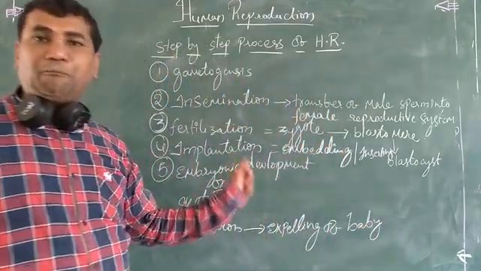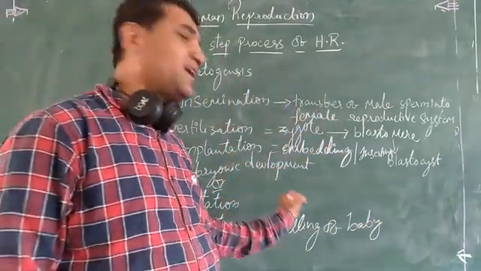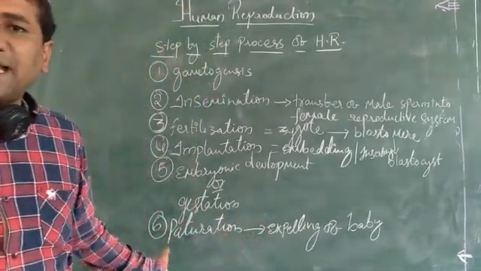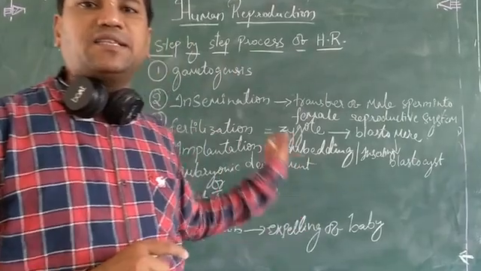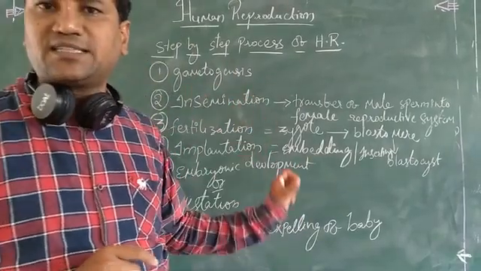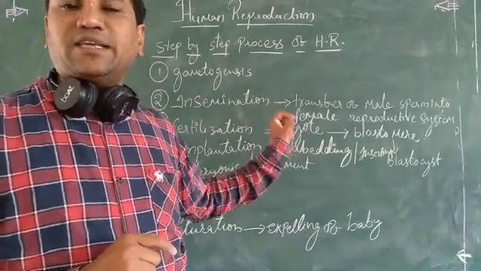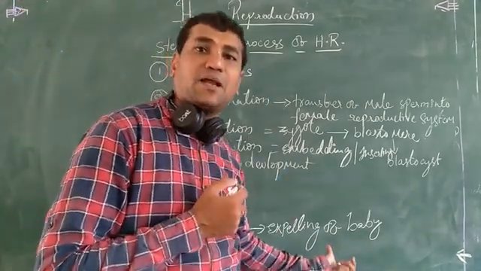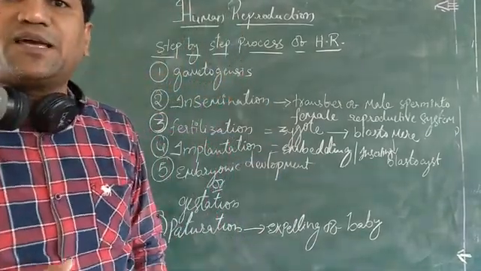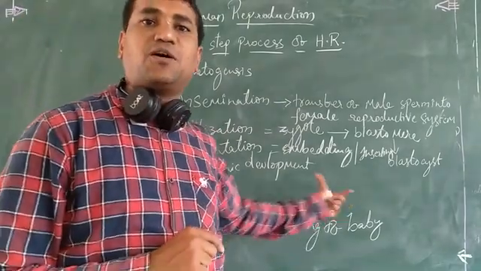This is a complex process. The expelling of the baby, or parturition, is a very complex process. The endocrine system along with the baby's hormonal system, and the mother's uterine system respond to this.